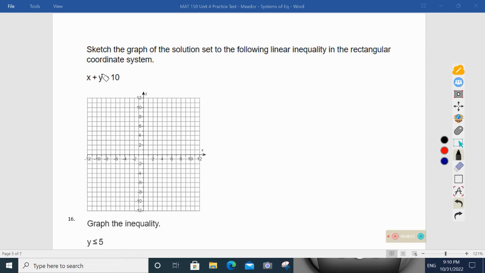So if you let y be 0, you get x equals 10. That's the x-intercept of the graph. And if you look for y and let x be 0, you got 0 plus y equals 10. All right, and I know some of you are thinking, but it doesn't equal. That has to do with the shading, all right? So we got 10, 0, and 0, 10 as our ordered pairs, and it's going to be a dotted line.